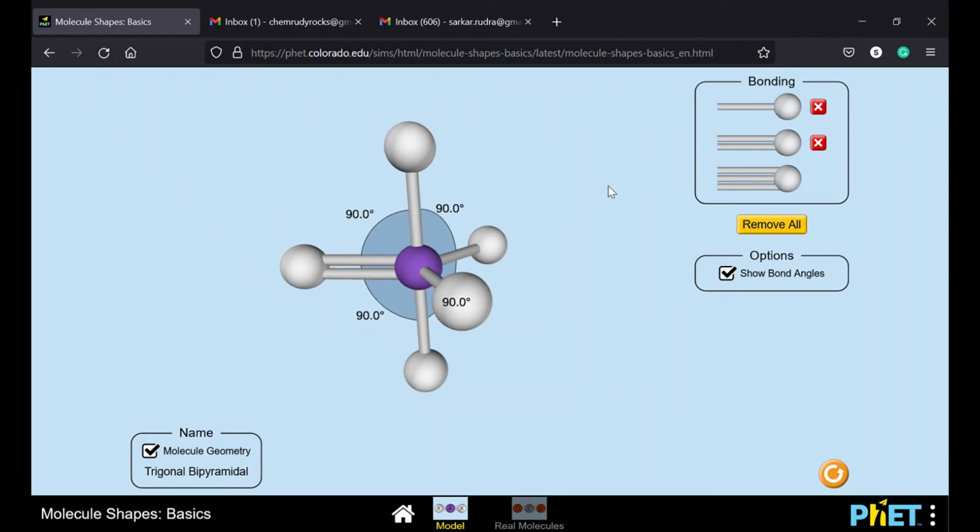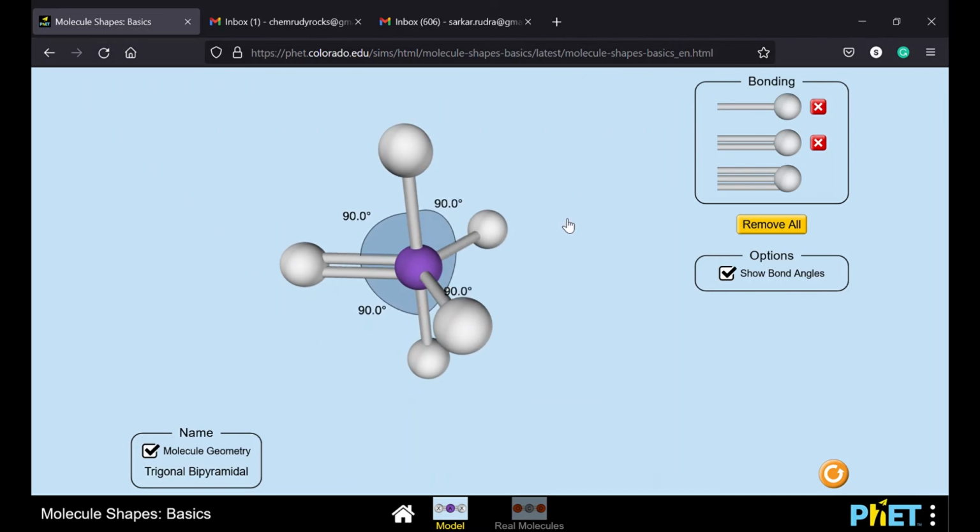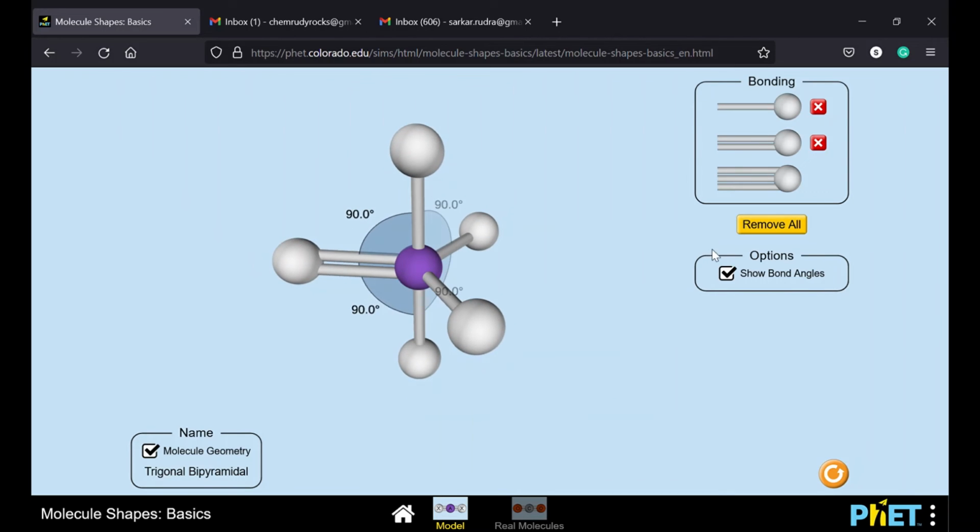Okay. Again, in terms of bond angles, previously when they were all single bonds, the angles between the atoms in the equatorial plane were all exactly the same.